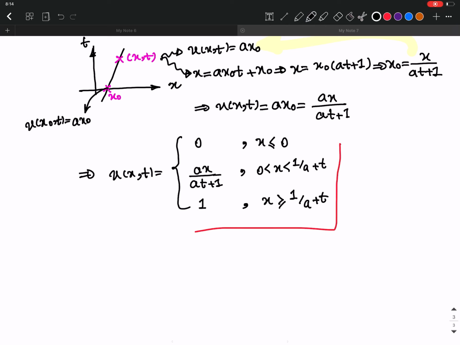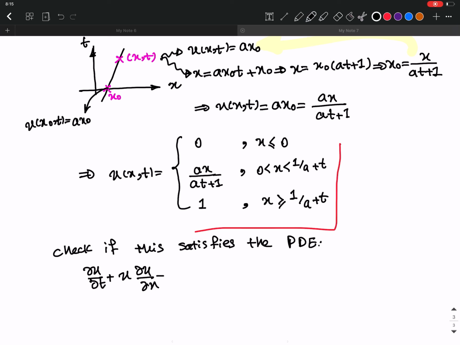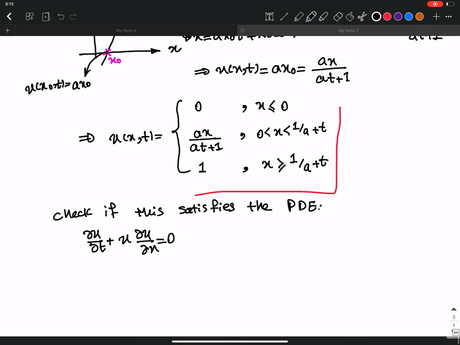And now, just to make sure this is correct, let's check if this satisfies the PDE, the Burgers' equation. The PDE we had was partial u over partial t plus u partial u over partial x equals 0.